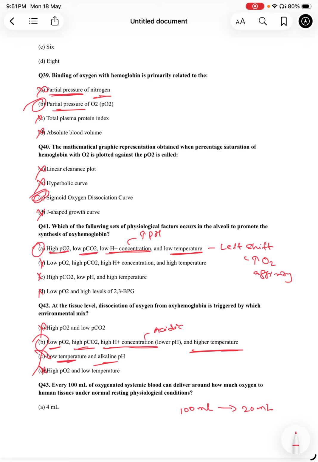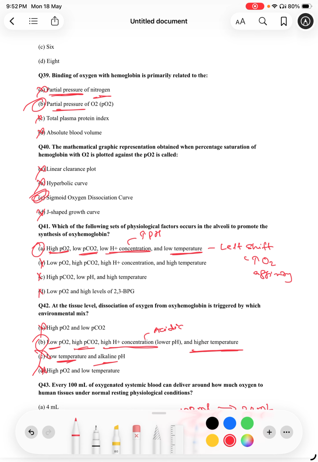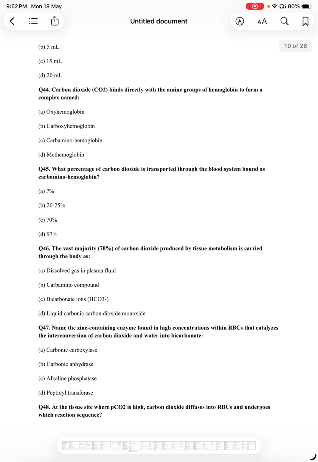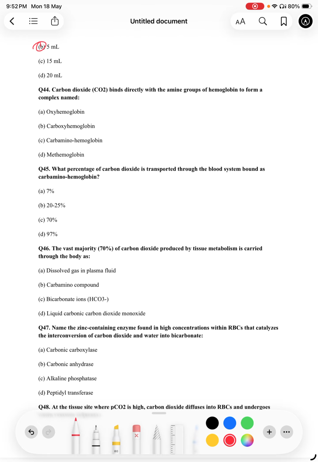When it passes through resting tissues, it returns to the heart carrying approximately 15 ml of oxygen. That means how much oxygen is delivered to the tissues? 5, correct? This 15 ml is brought back. 5 ml is gone. So obviously 5 ml is utilized. So the answer is 5 ml.